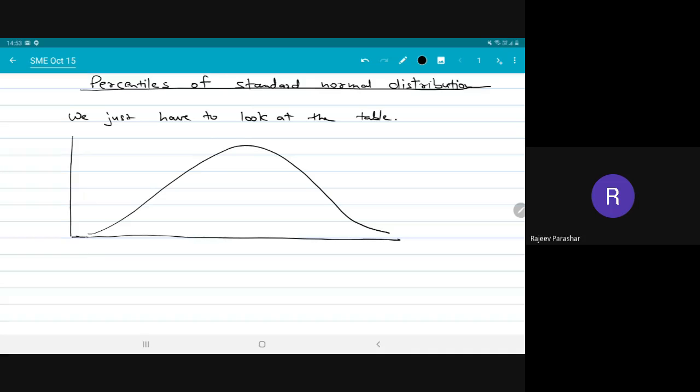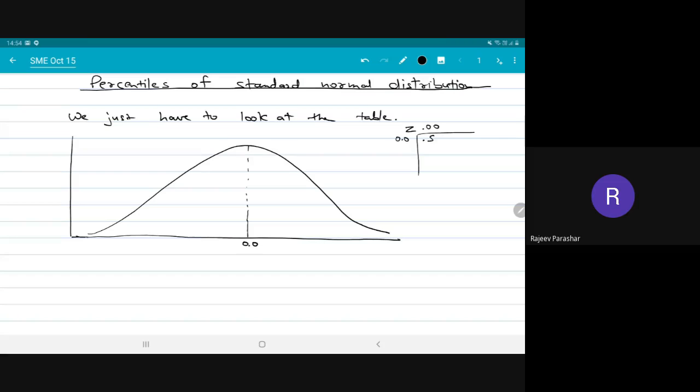Okay, so this is how this table has to be read. This is a cumulative table. You see the value 0.0, the first row in the section of the table on page A7. Z is written 0.0 here and 0.0 here.